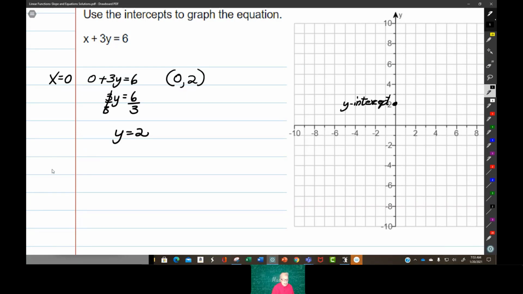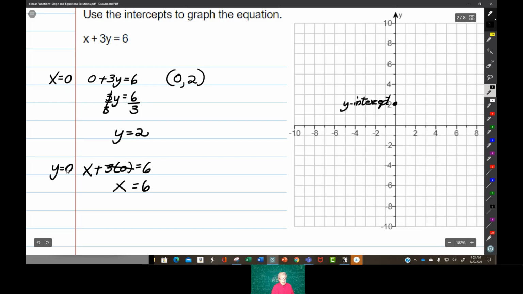Now, let y equal 0. That means x plus 3y equals 6 is going to be x plus 3 times 0 equals 6. 3 times 0 is 0, so I'm left with an x on the left, x equals 6.